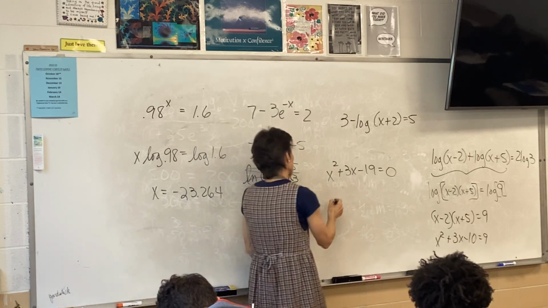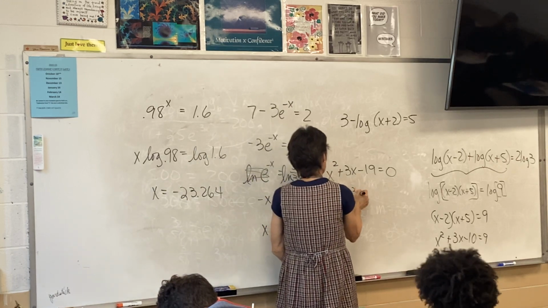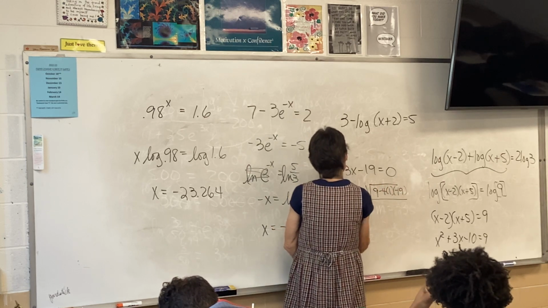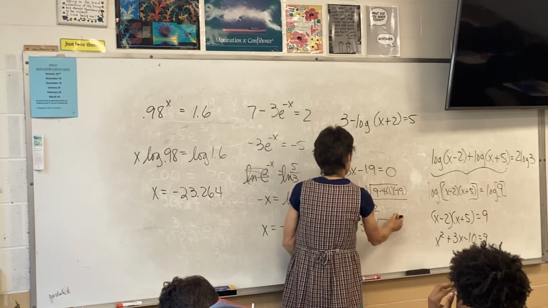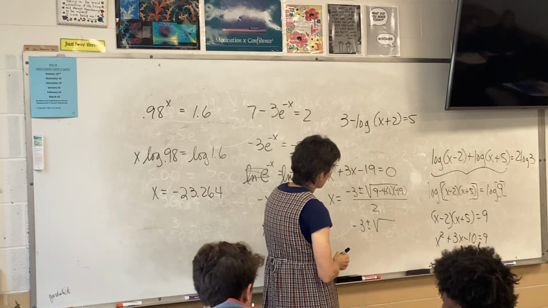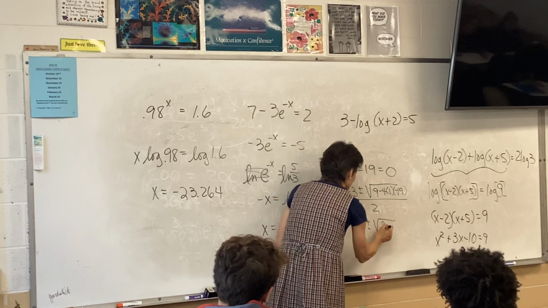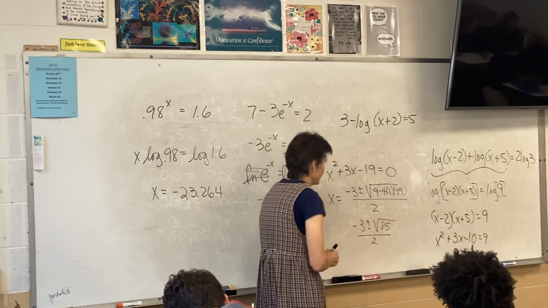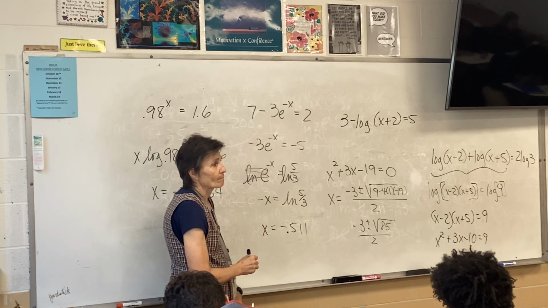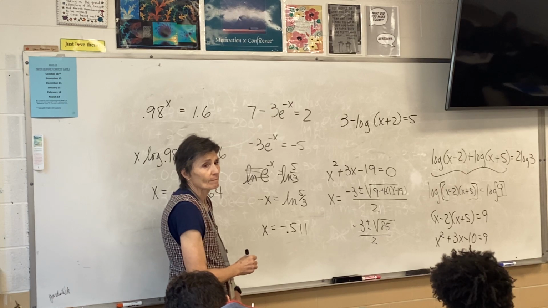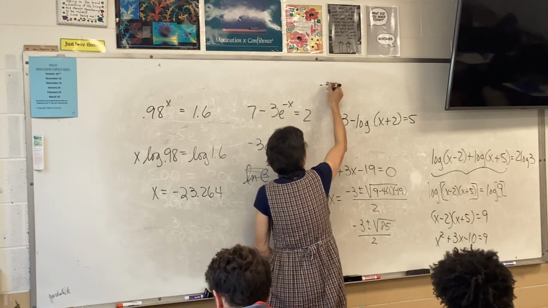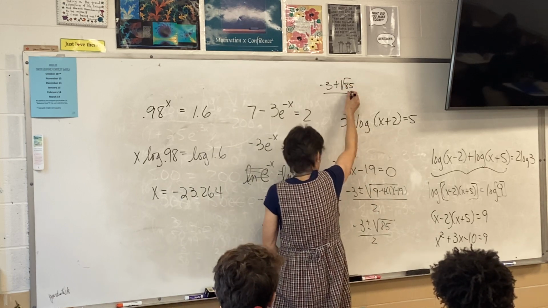Okay, that's gross. We're gonna need the quadratic formula. So negative b plus or minus the square root of b squared minus 4ac. So negative 3 plus or minus the square root of what? 85. Now be careful. Negative 3 plus root 85 over 2.